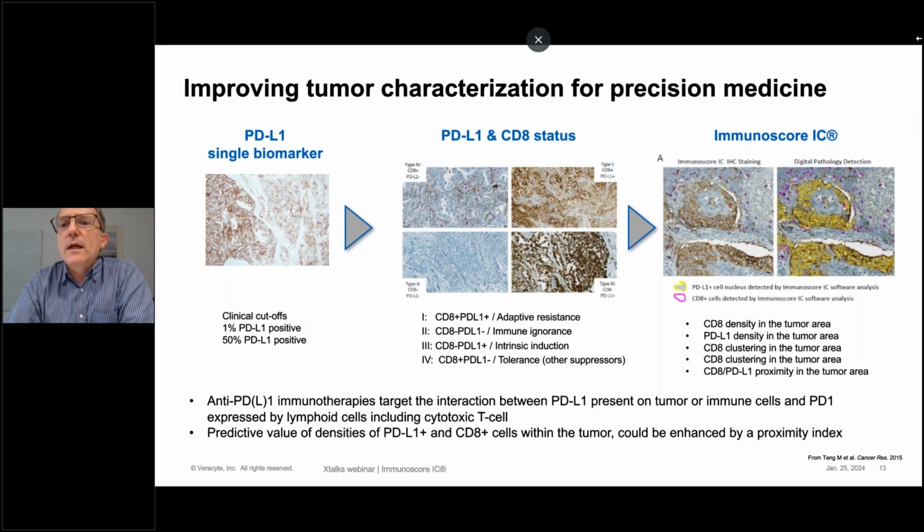We had to build some innovative tools to do that, and this is exactly the purpose of the Immunoscore IC tests, which leverages digital pathology in addition to immunochemistry to determine a set of variables that can be combined into this Immunoscore IC score.